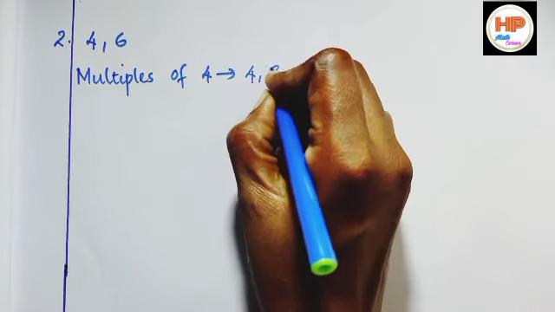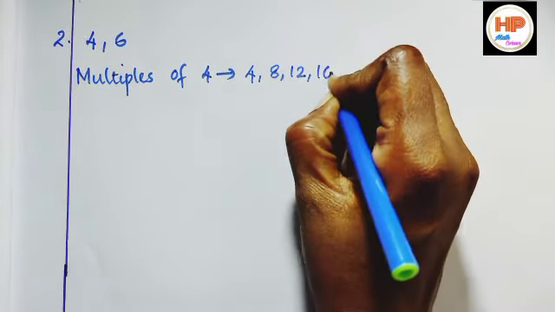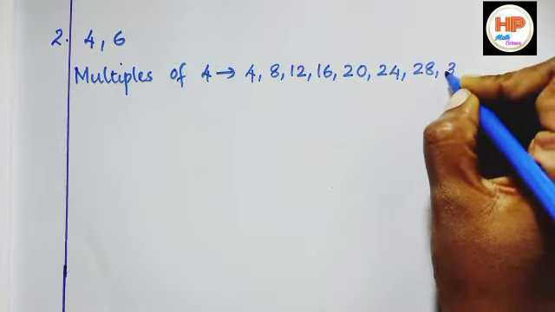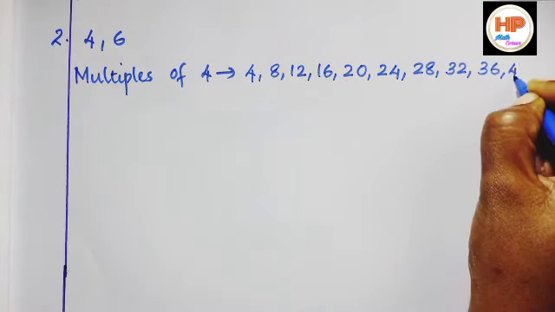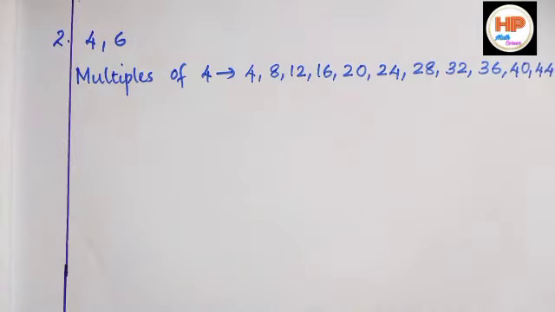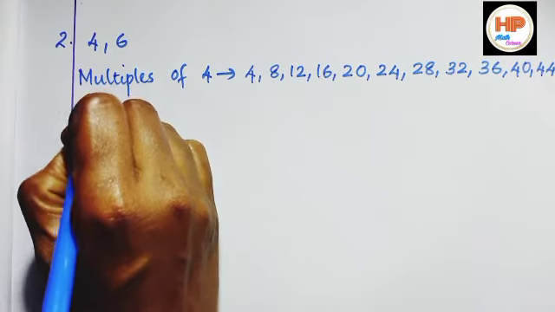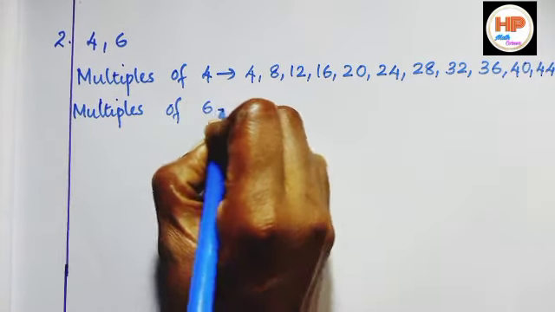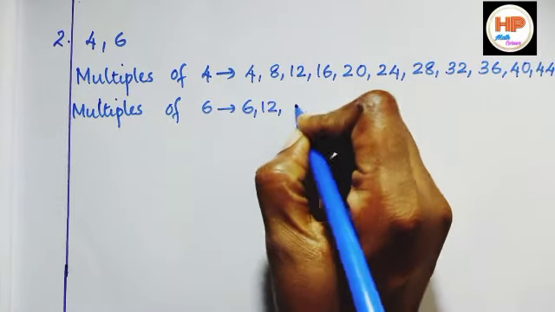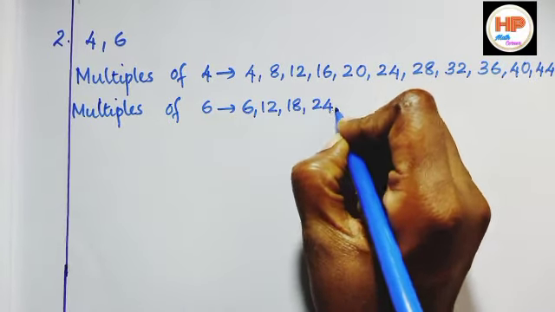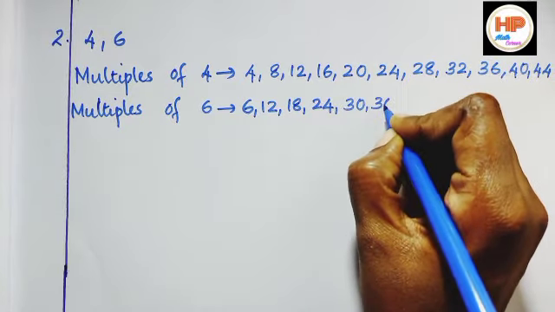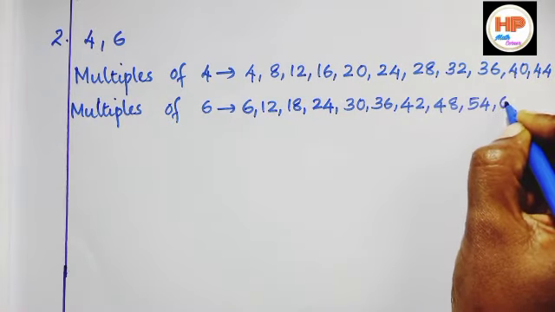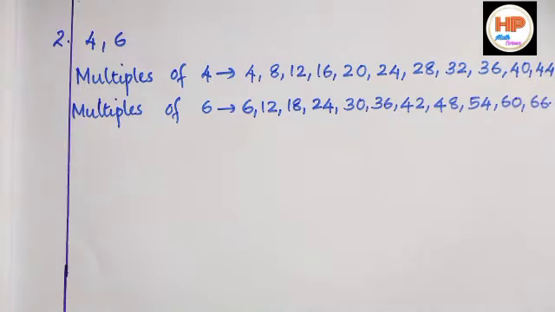Yes, 4, 8, 12, 16, 20, 24, 28, 32, 36, 40, 44, etc. Then, multiples of 6. 6, 12, 18, 24, 30, 36, 42, 48, 54, 60, 66, etc.